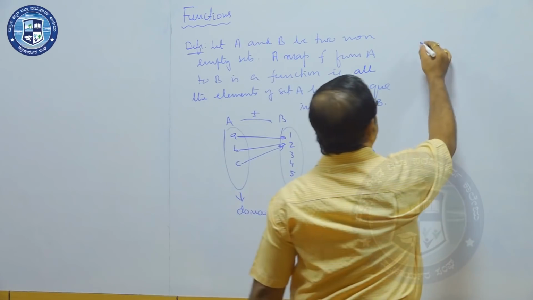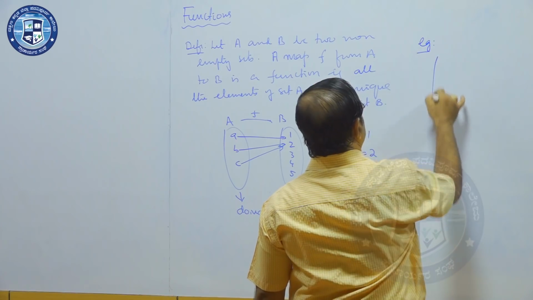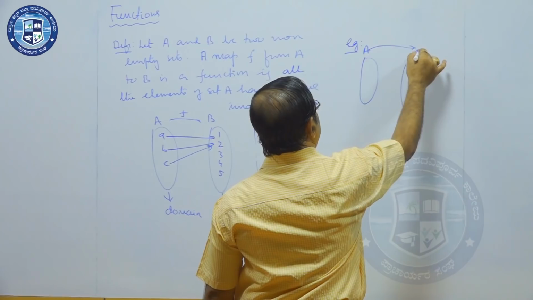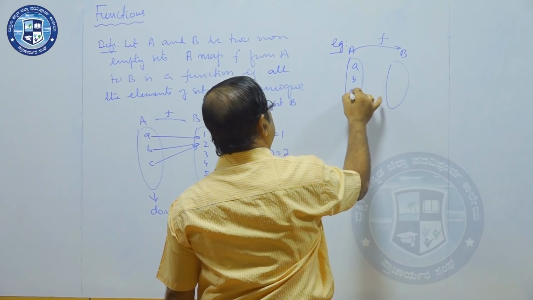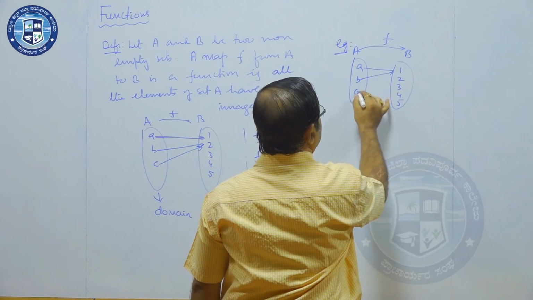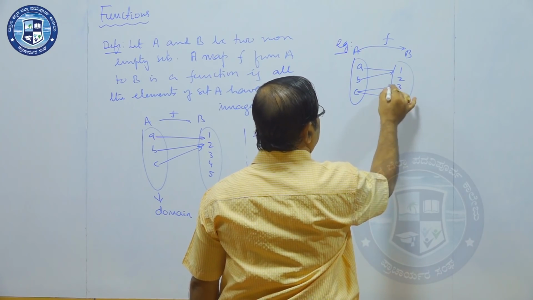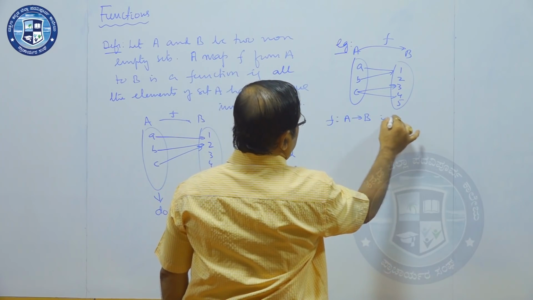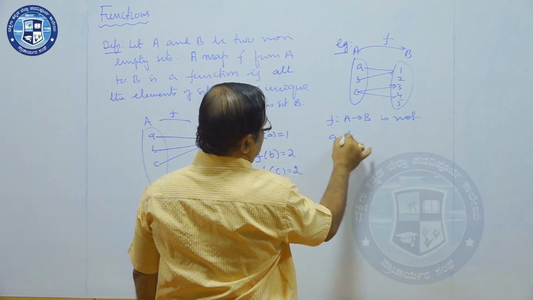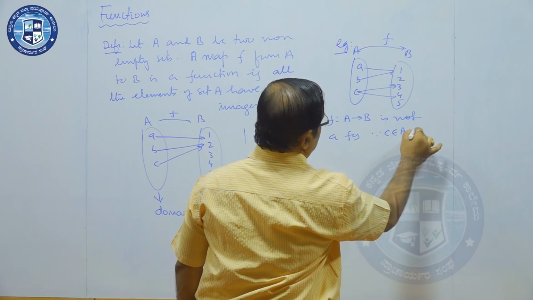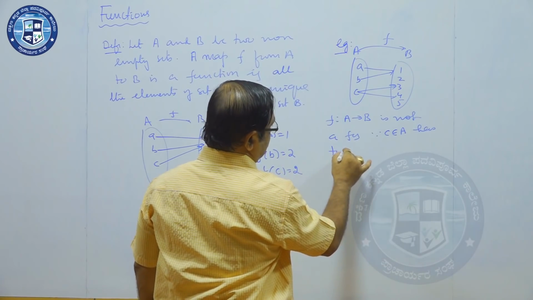I will just write one example. See, you consider a mapping from set A to set B. Now this is A, B, C, 1, 2, 3, 4, 5. A to 1, B to 1, C to 3, C to 4. See here, f from A to B is not a function because C belonging to A has two images.